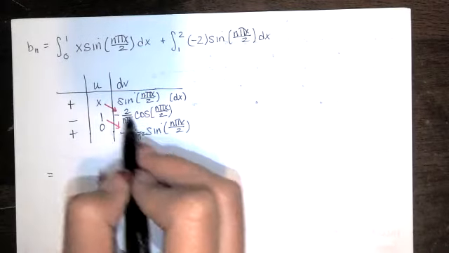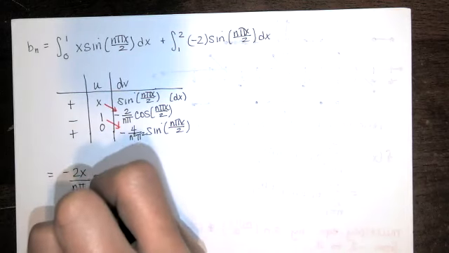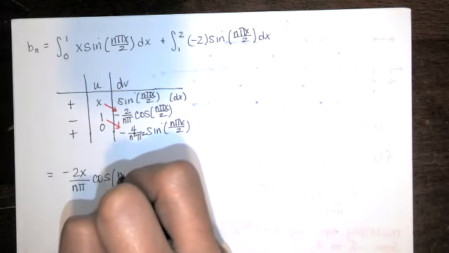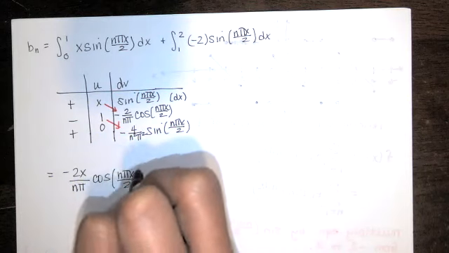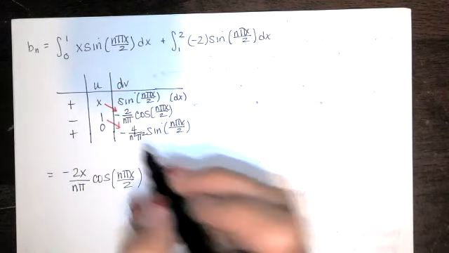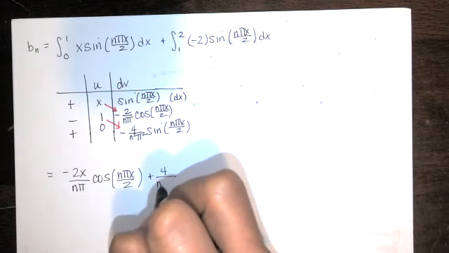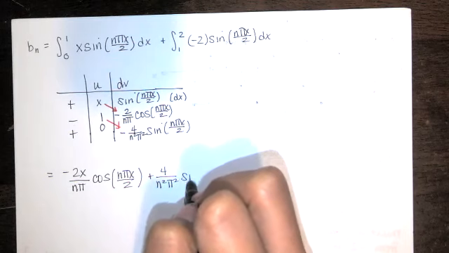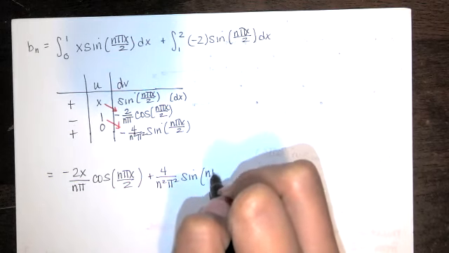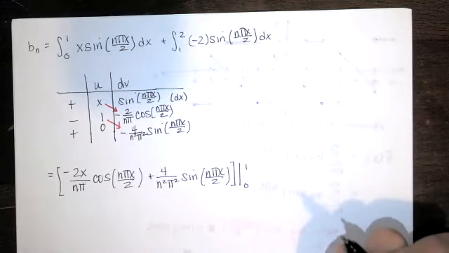Then the antiderivative of this function is this times this times positive 1 plus this times negative 1. So we'll have a negative 1 times a negative 4 and make that a positive 4. We're evaluating all of this from 0 to 1.